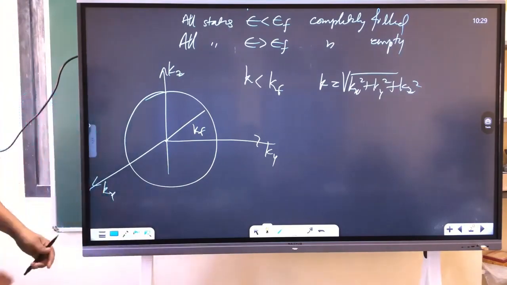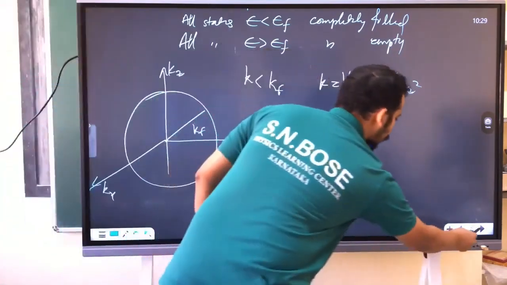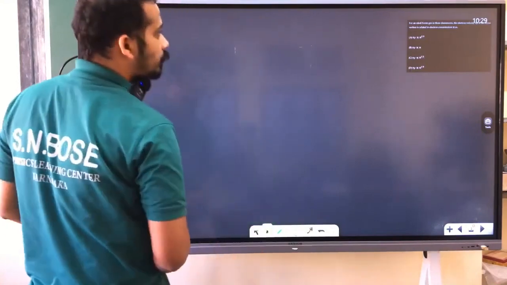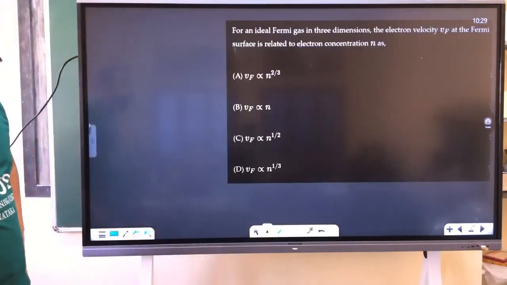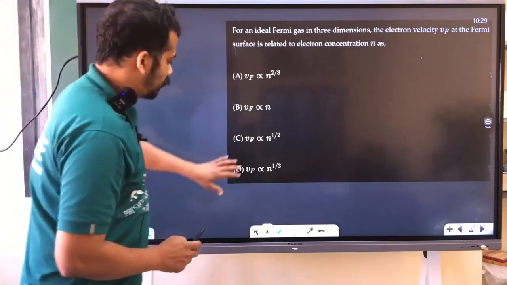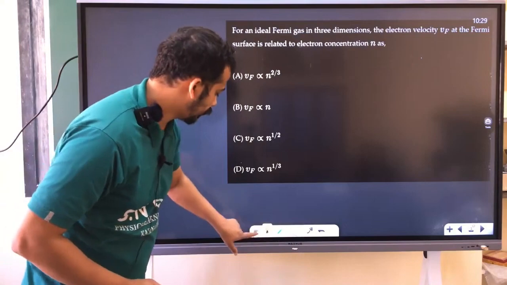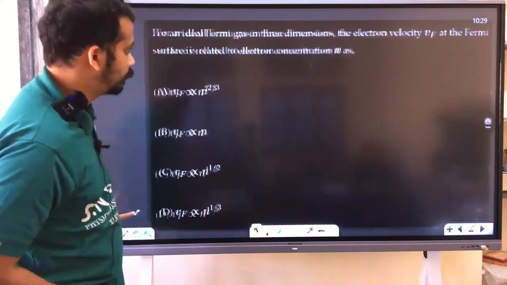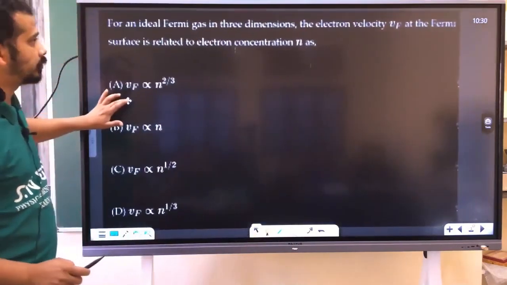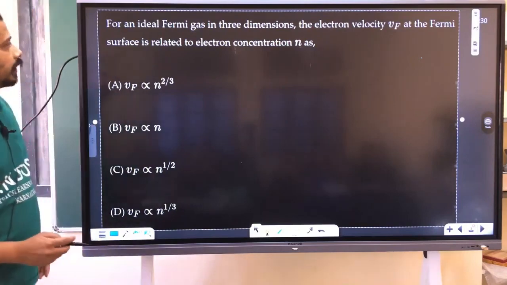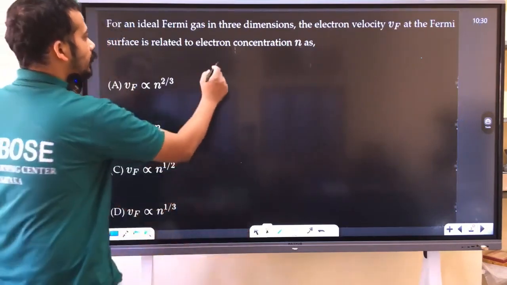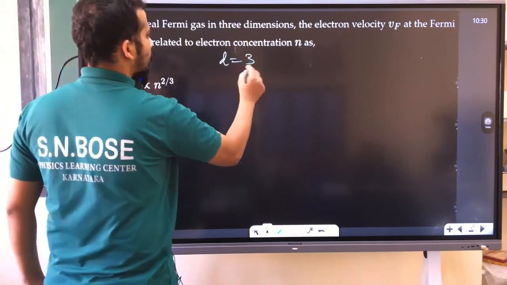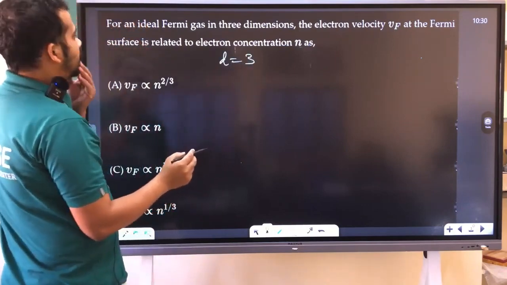So shall I move on? So for an ideal Fermi gas in 3 dimension, D equal to 3, the electron velocity.